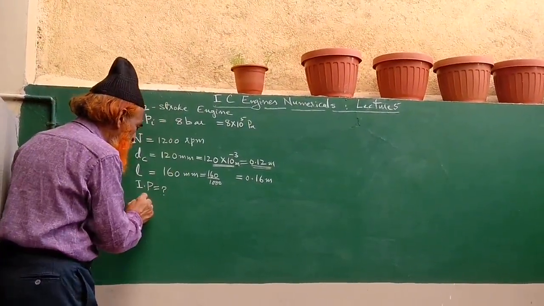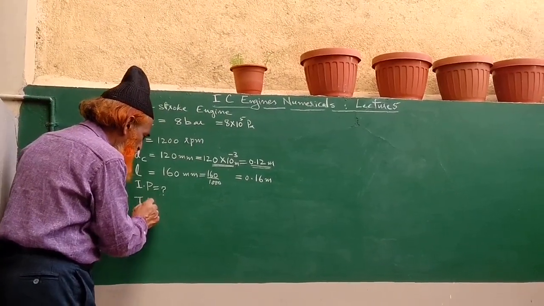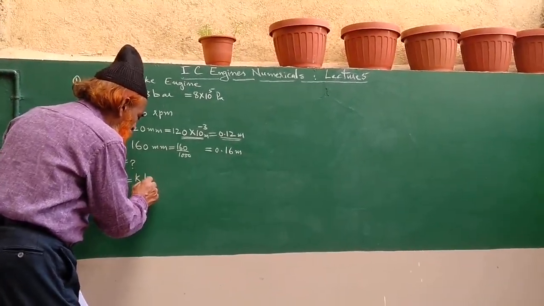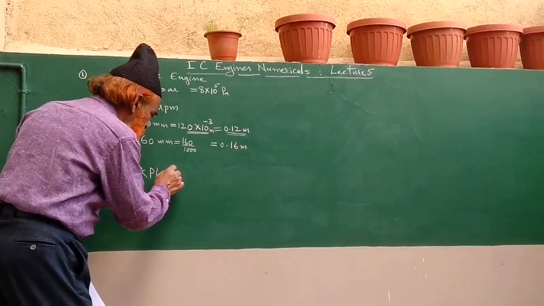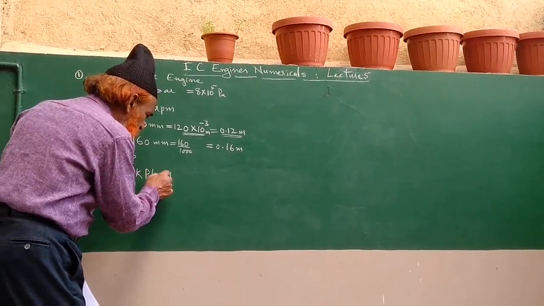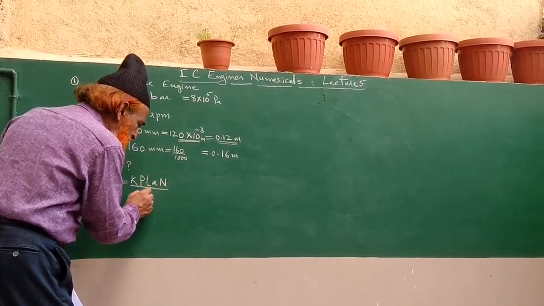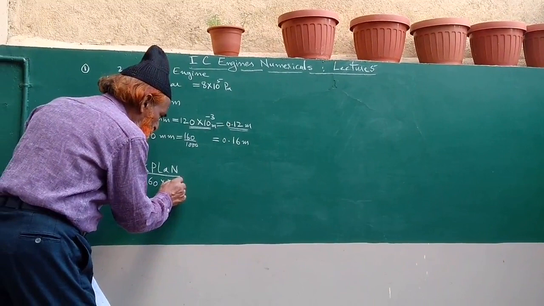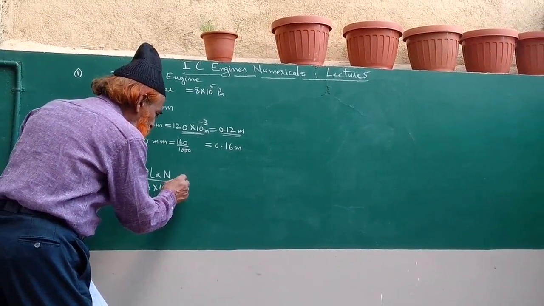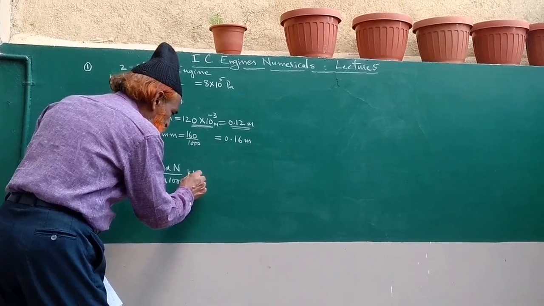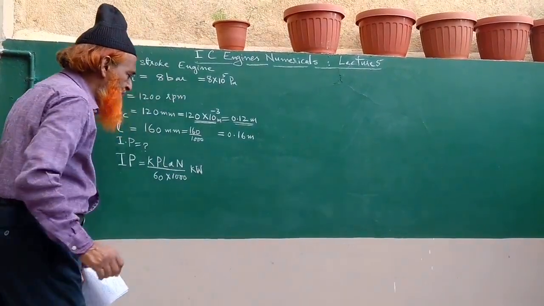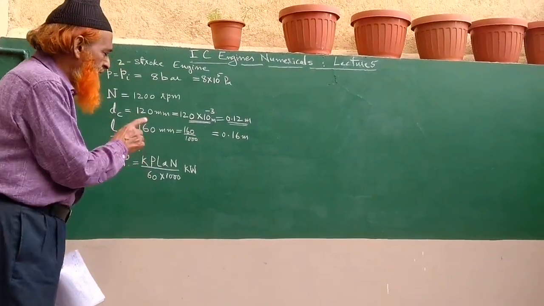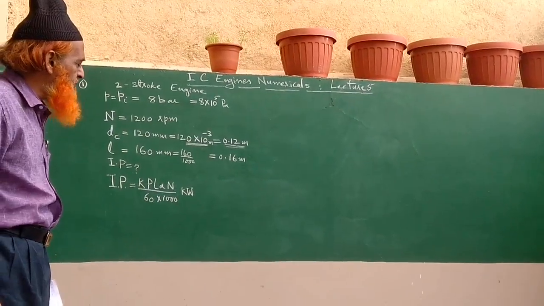Therefore, the formula for the IP is equal to K P L A N divided by 60, and if it is Pascal, this divided by 1000 to write it in kilowatt. Is it clear to you? Then the indicated power in kilowatts, IP is equal to K P L A N by 60 into 1000.